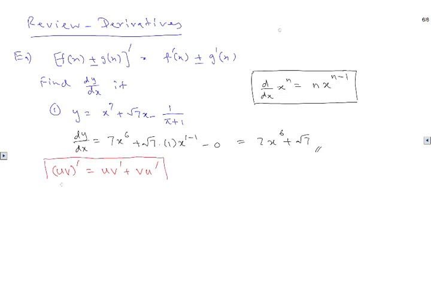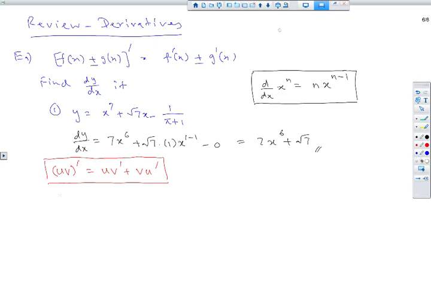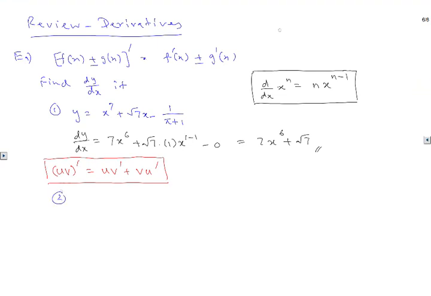So let's do a problem from that. The second example: y equals (x plus 1) squared times (x squared plus 2x), something like that. You can see that this is the u function, and that is the v function.